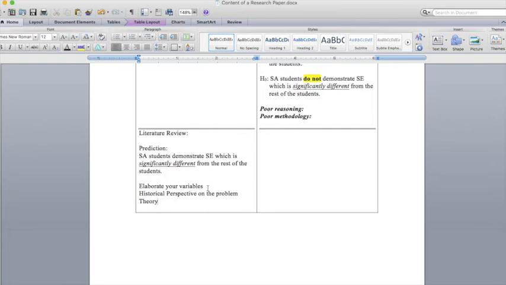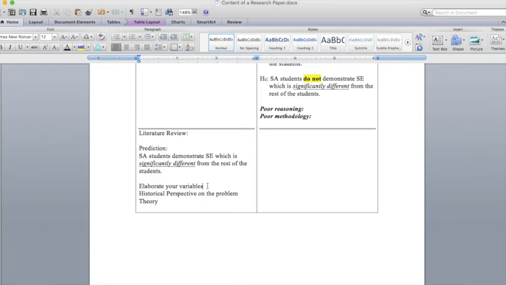Okay. So elaborate your variables. Now you have three variables, right? South Asian. So explain in depth who these South Asians are and all that. Whenever you explain something, you have to always get information from credible journal articles or books, right? So do that. And then historical perspective on the problem.